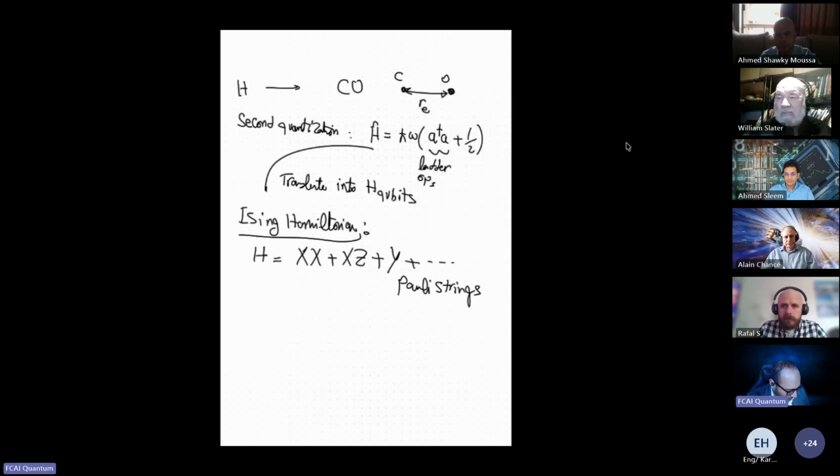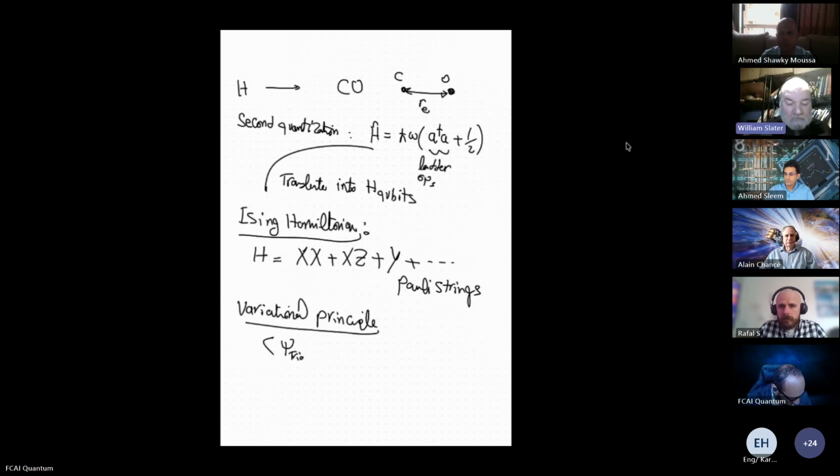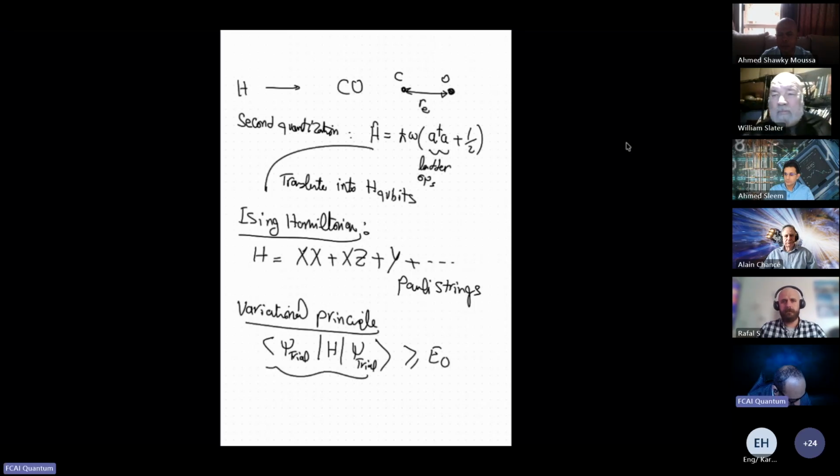Now, when we try this variational principle, our main goal is to find, this is my trial, the upper limit for the ground state. So I need to vary this until I get the lowest value.